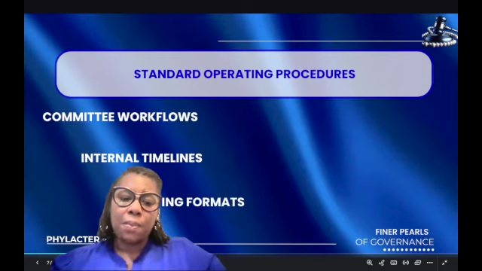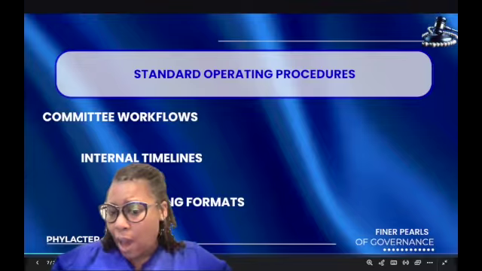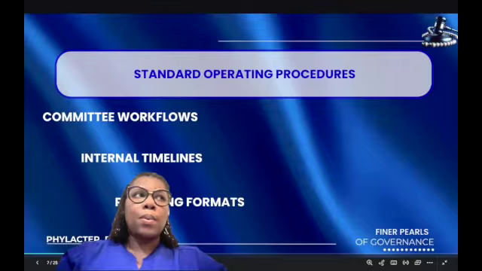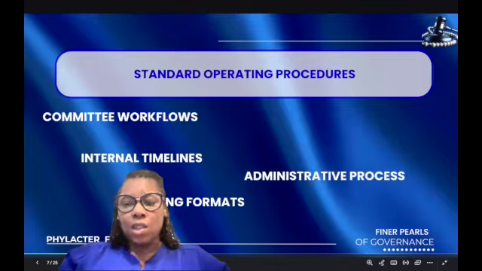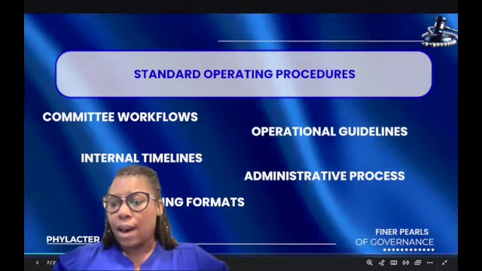You might have templates in the reporting formats, what you want reports to look like, and how exactly people are going to submit proposals. Those are things like reporting formats. Then there are administrative processes and your operational guidelines.